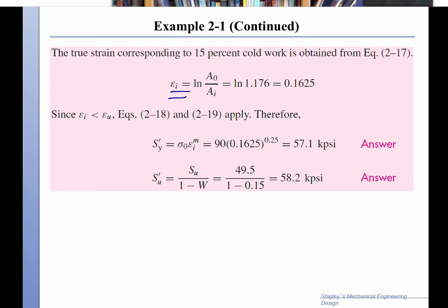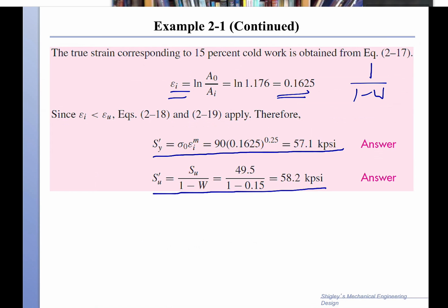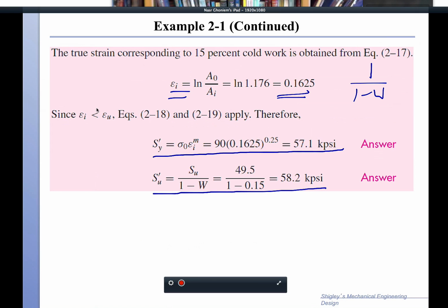First, I calculate the true strain using ln of 1 over 1 minus W, and that gives me 0.1625, and put it into the Ramberg-Osgood relationship, get 557.1 kpsi, and use the conservation of force before and after at the ultimate point to get 58.2 kpsi.